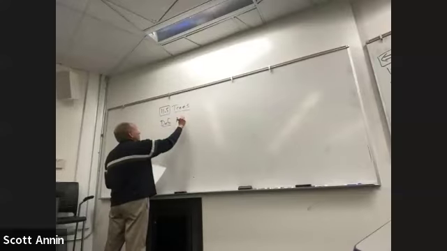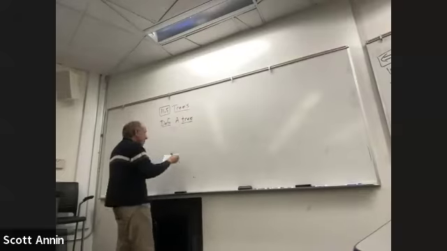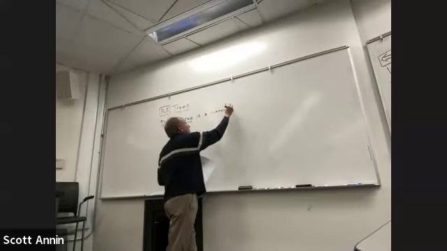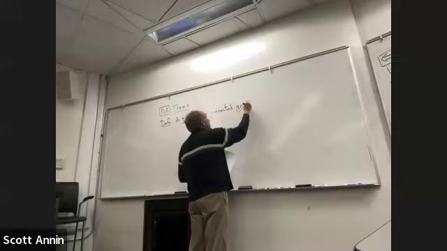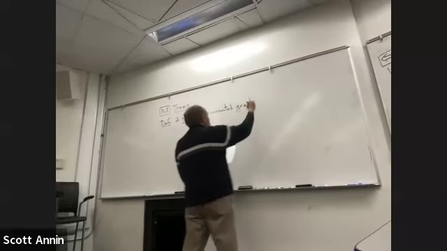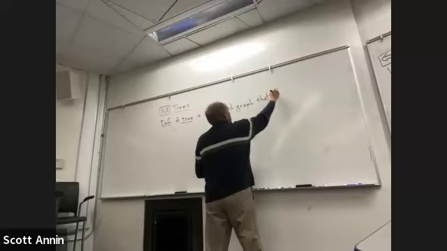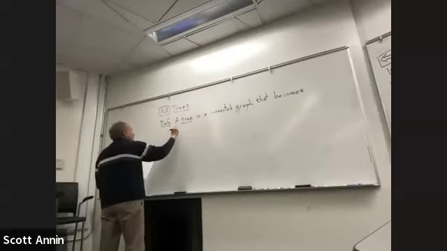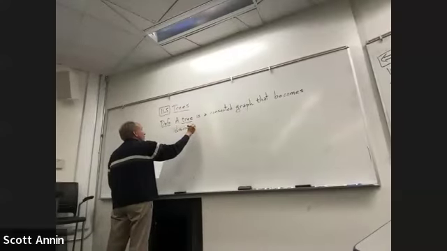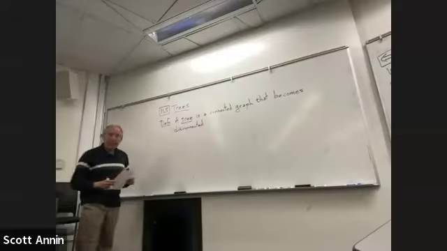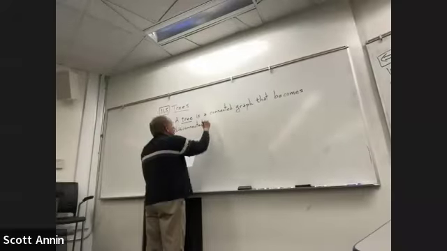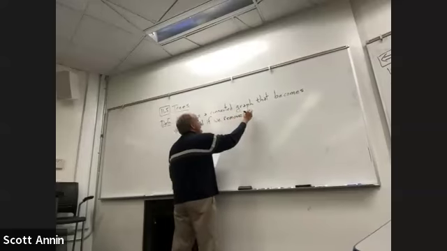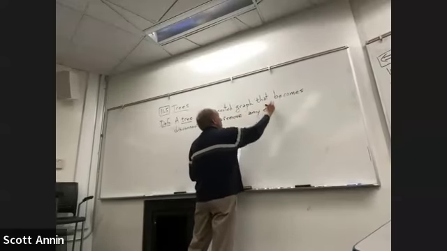So a tree, by definition, is a connected graph. So it has to be connected. It's a connected graph that becomes disconnected if we remove any edge.